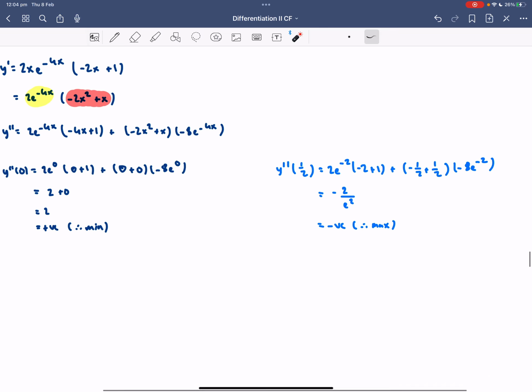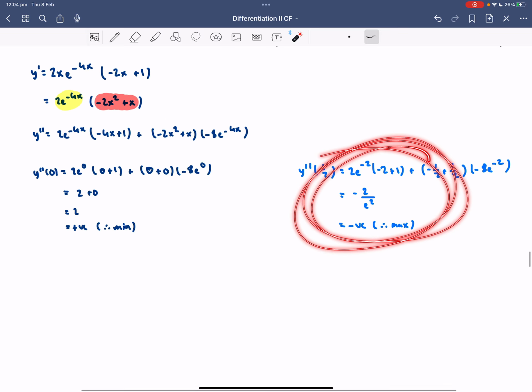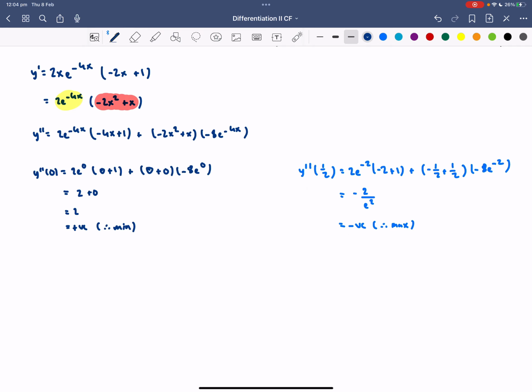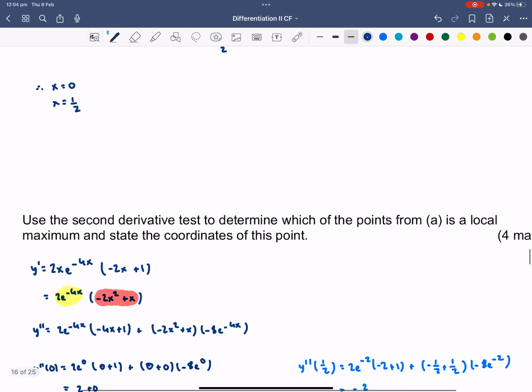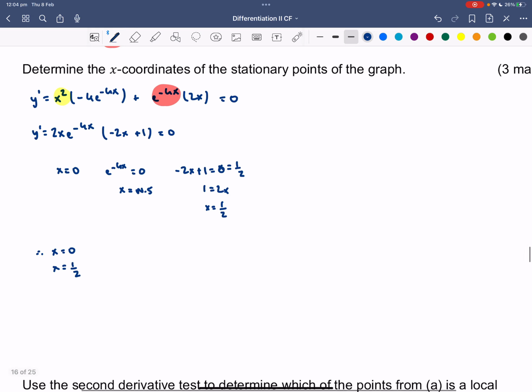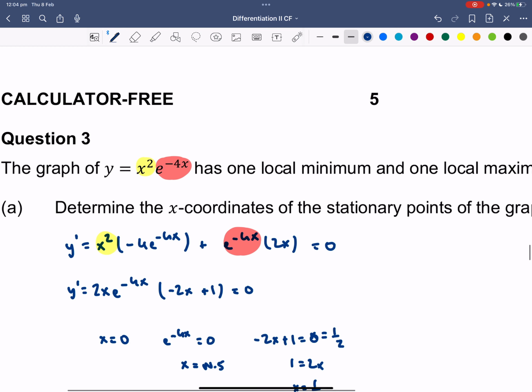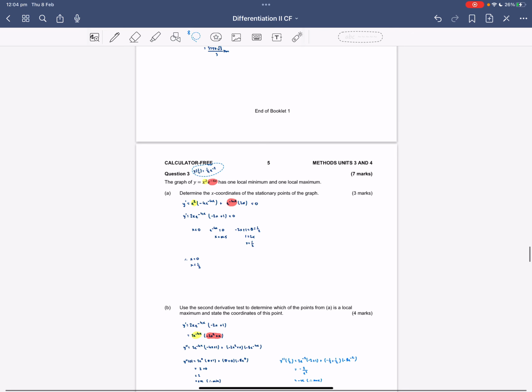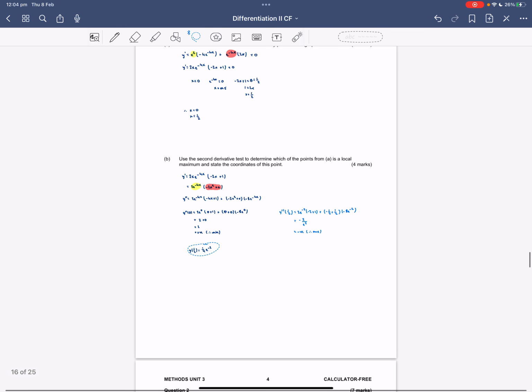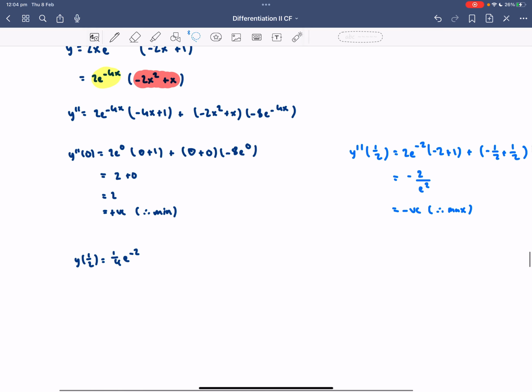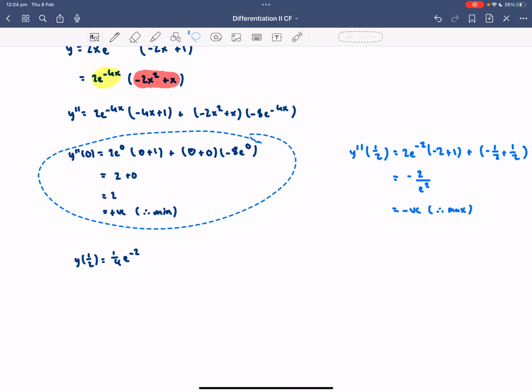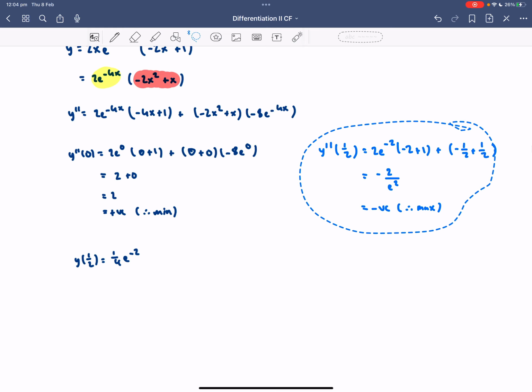Perfect. And state the coordinates at this point. So we've just proven that this is the max. We want the coordinates, so we want to just put half back into the original function. So if I put half back into here, y to half squared is a quarter, e to the negative 2. All right, that's what happens when we sub half back in. Turns out that this was the less important thing and this was the more important one.